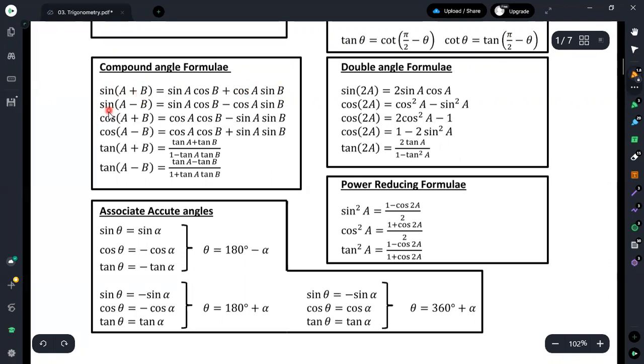Then sine a minus b can be written as sine a times cosine b minus cosine a times sine b.